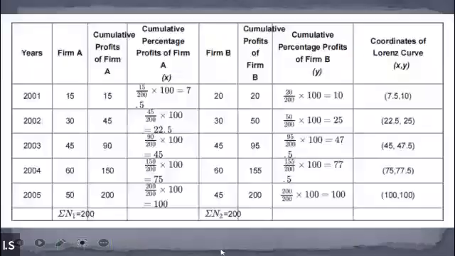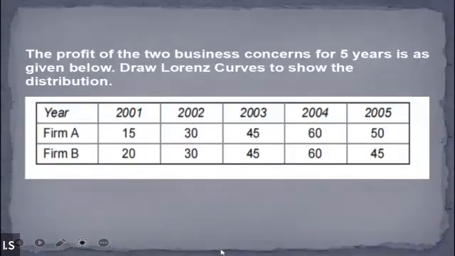In the previous question, there was no basis. We had to prepare a Lorenz curve about firm A and firm B, but there was no specific basis on which we needed to prepare the Lorenz curve.